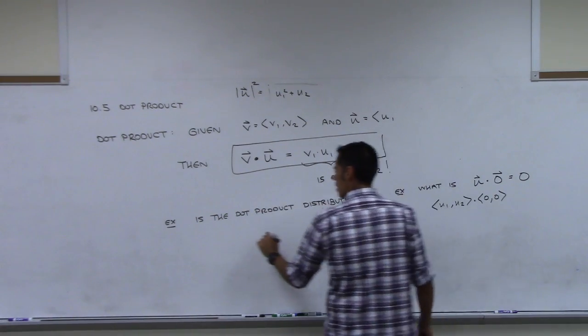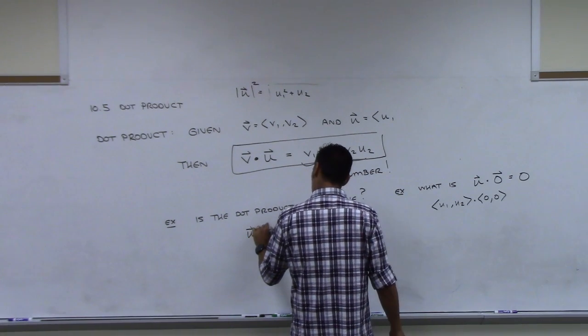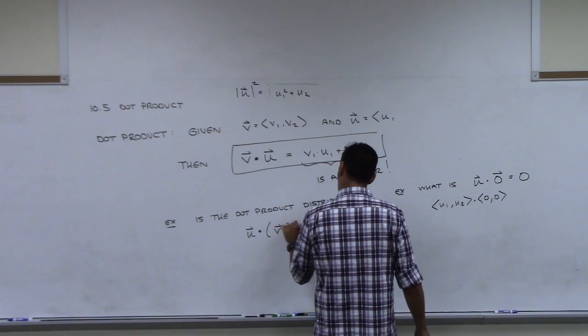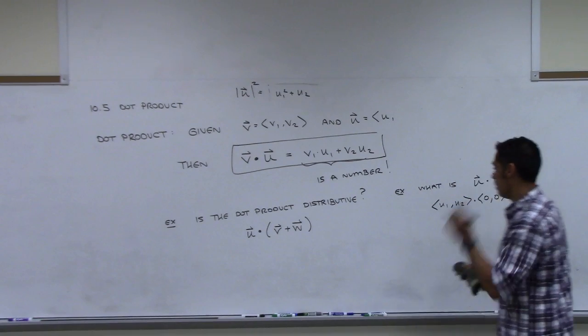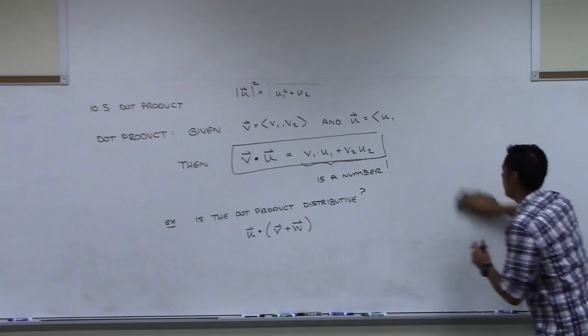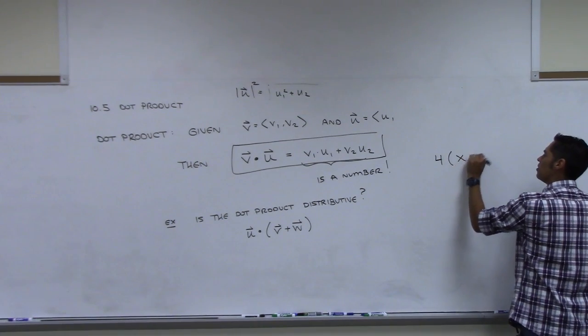Here's what I mean. If I take U and I dot it with V plus W. So as I put that up there, I want you to look at it this way. 4 times x plus 2.